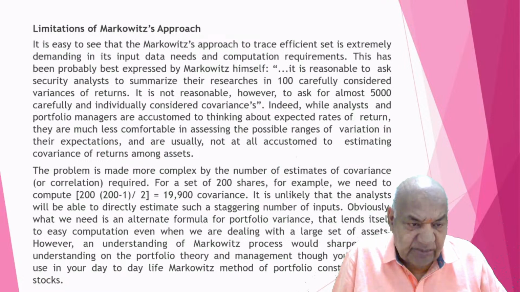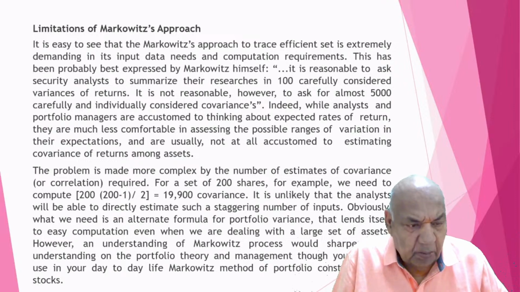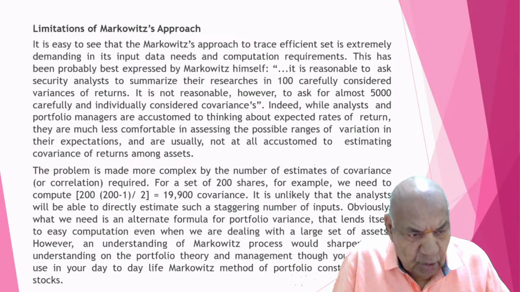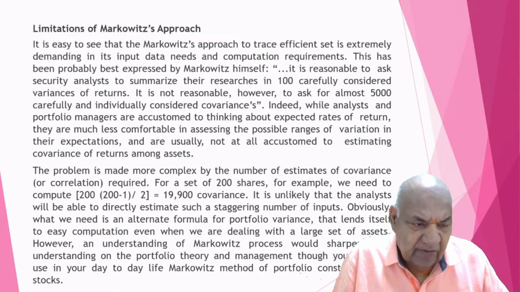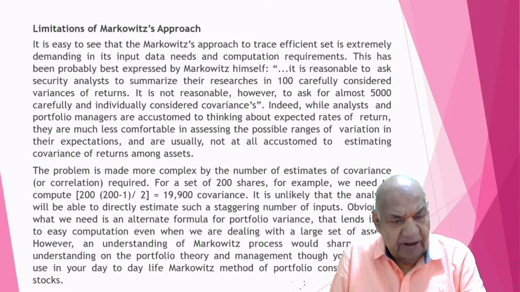The problem is made more complex by the number of estimates of covariance or correlation required. For a set of 200 shares, for example, we need to compute 200 multiplied by 200 minus 1, divided by 2. That is a formula of combinations.